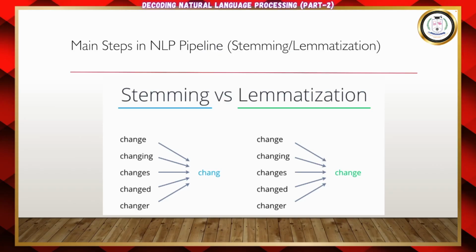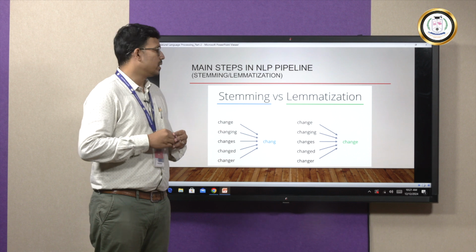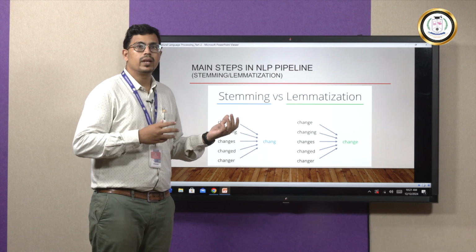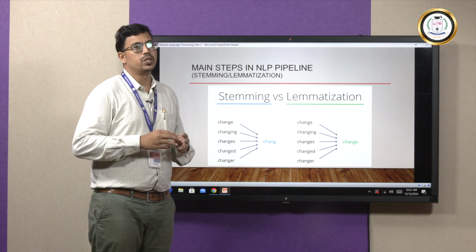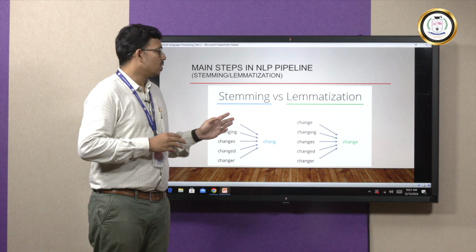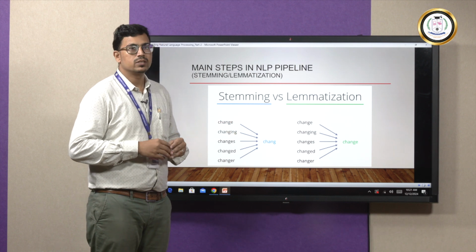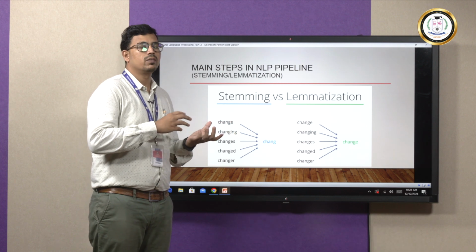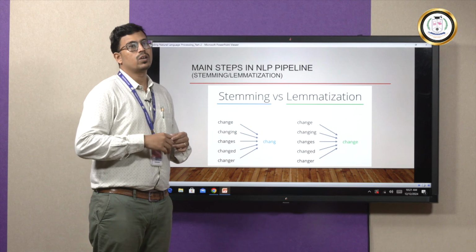The final one is stemming and lemmatization. This is not a compulsory step; some applications use stemming and lemmatization, but not all. Both have the same objective: given a word, find the root or base word.